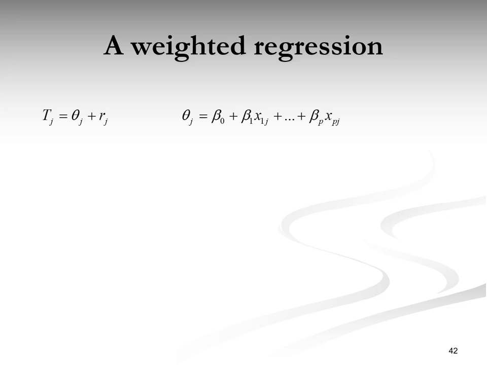So the population effect size in study j is equal to a constant, an intercept, plus a regression weight times the value on a specific study characteristic for this study, and so on.